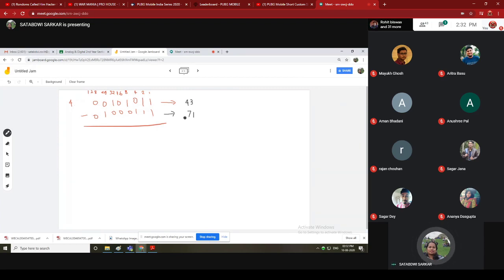If we want to subtract this, that is 43, this is the plus value. So 43 minus plus 71. This is given to us, so we have to subtract this. So the result is minus 28.